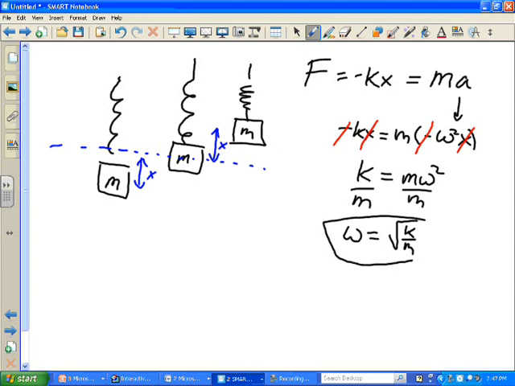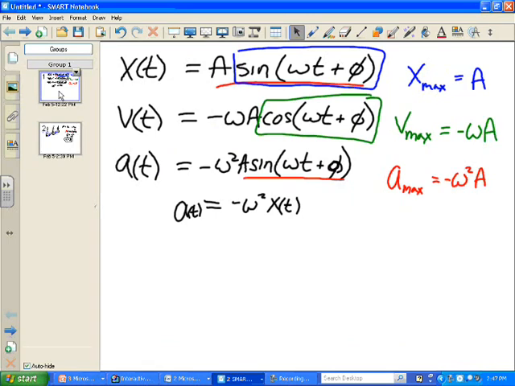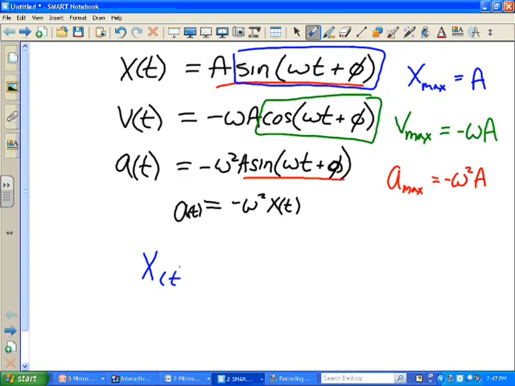Well, the significance of that is we can take that back into our original equations. So let's take the blue equation up top, for example. We can have an expression for x sub t of a spring system. It's going to be a sine. And here's where it gets substituted.